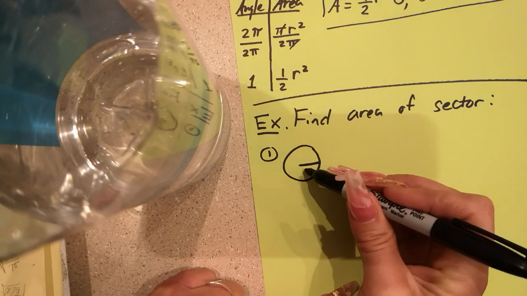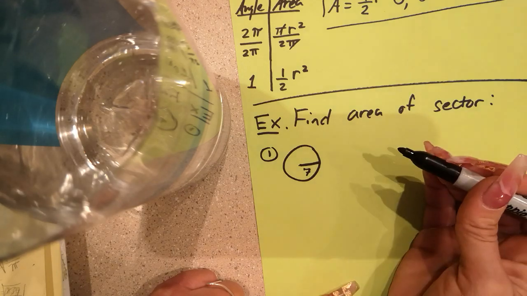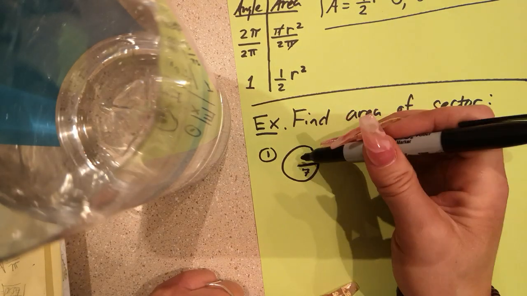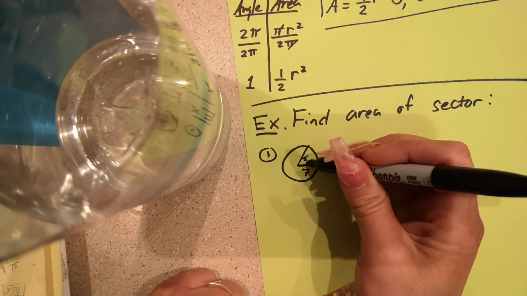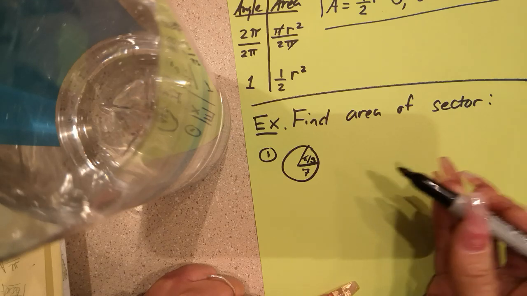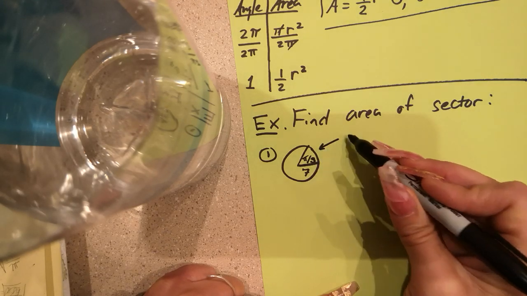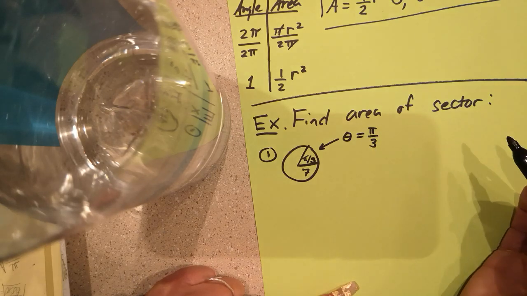How about a radius of 7? And let's say the central angle here is pi over 3. In case you can't read that, my central angle is pi thirds.